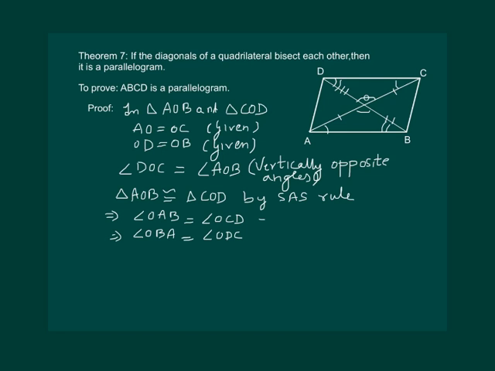This implies that AB is parallel to CD and BC is parallel to AD, and hence ABCD is a parallelogram.